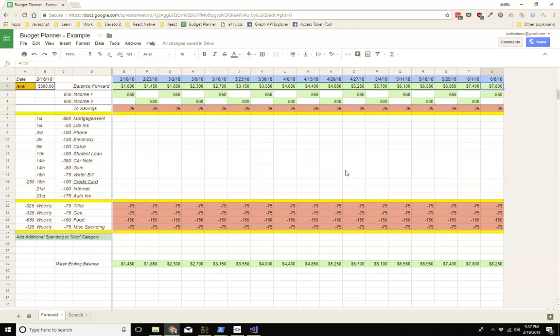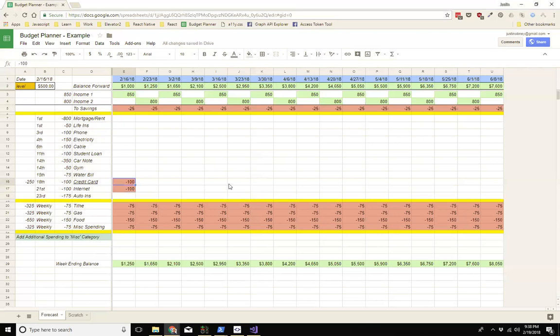So the way I schedule my bills is I pay everything out of the 16th that falls between the 16th and the 23rd. Well, that happens to be these two bills right here. So that would be $100 for the credit card and $100 for the internet.